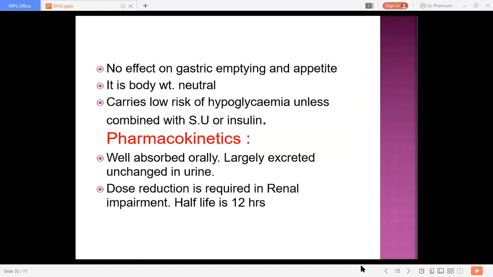It has no effect on gastric emptying and appetite. It carries a low risk of hypoglycemia unless combined with sulfonylurea or insulin.